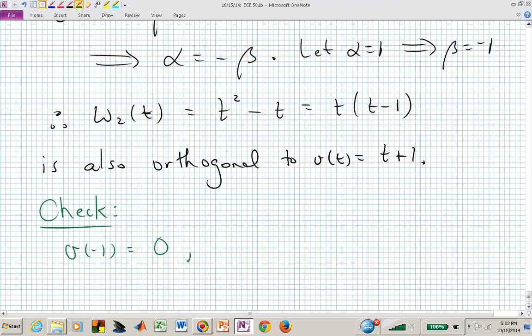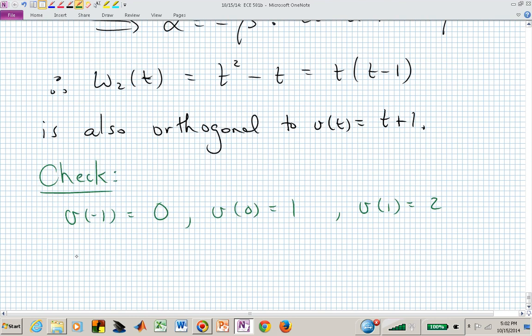V of minus 1 was 0, V of 0 is 1, V of 1 is 2. W of minus 1 is what? That's now minus 1 times minus 2, or 2.